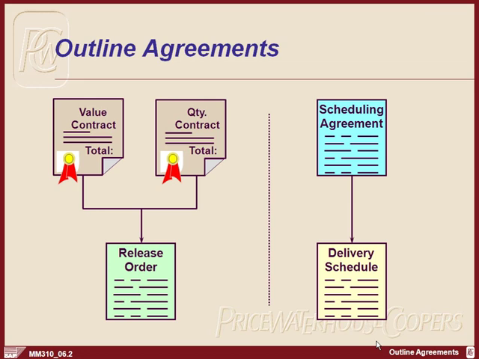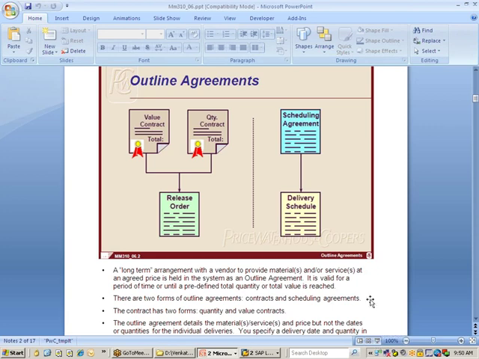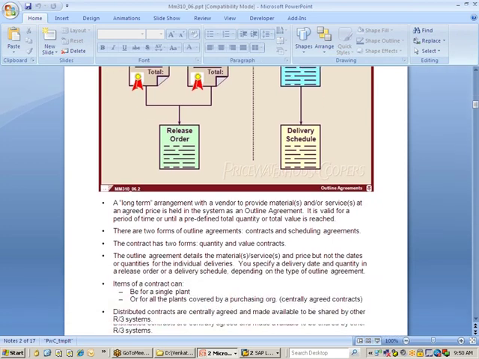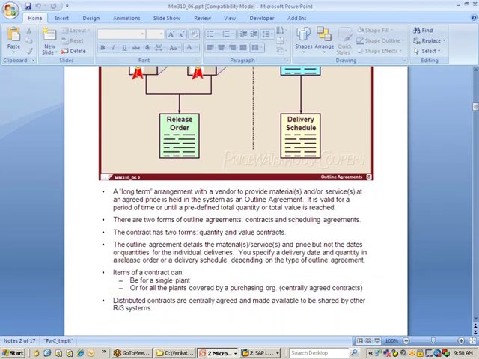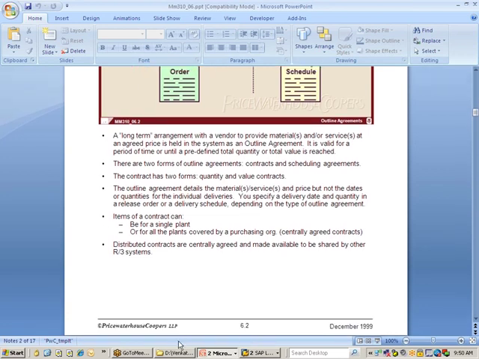In such contracts, the amount is paid to the vendor based on the value. So we will see both quantity and value contracts. Whether it is a quantity contract or a value contract, it does not contain any delivery information. Whenever you require a material, you still have to raise an order.